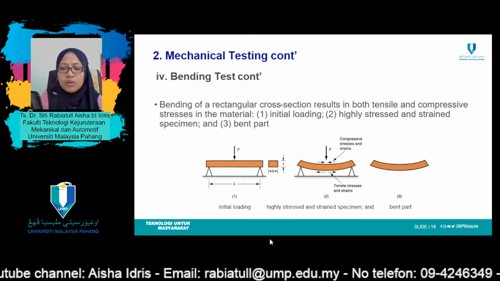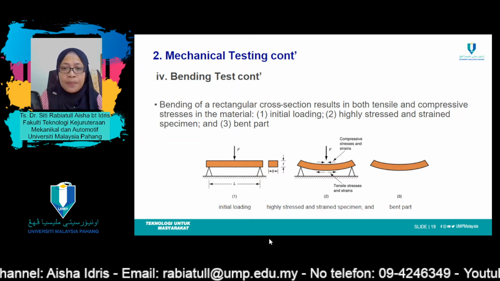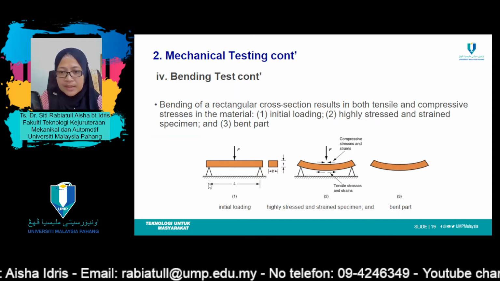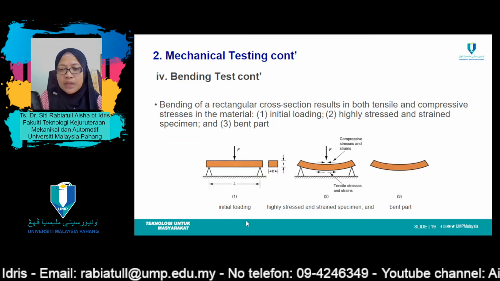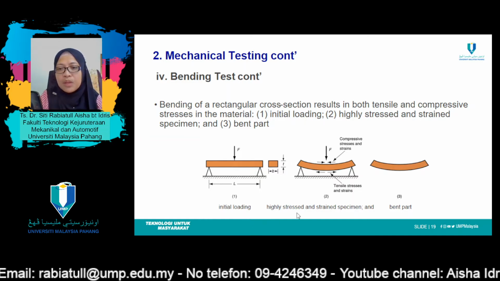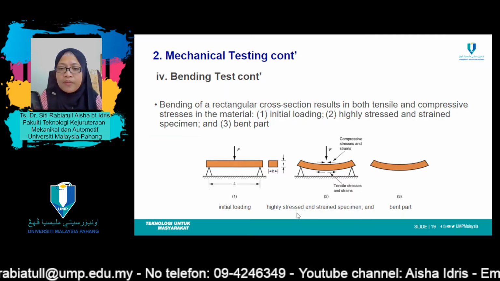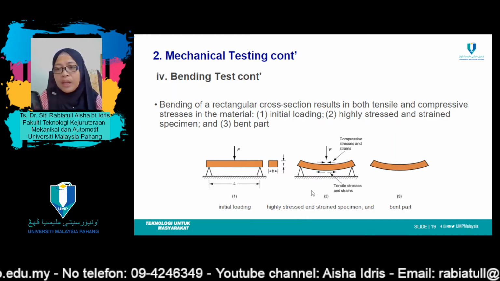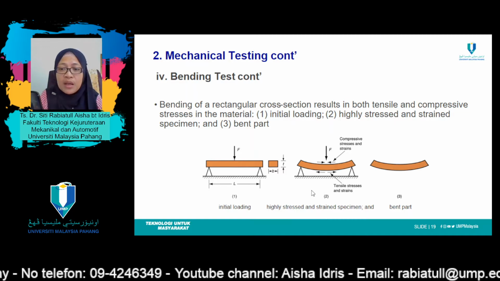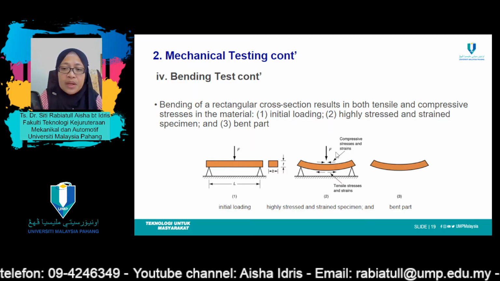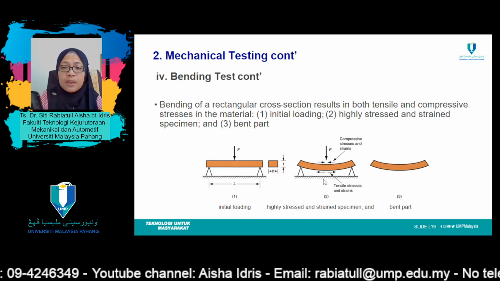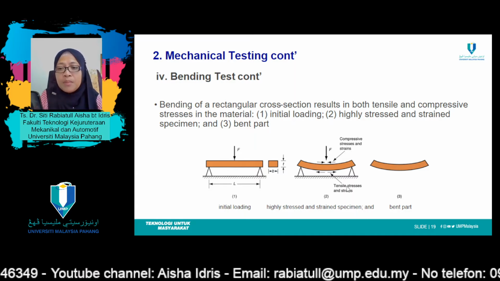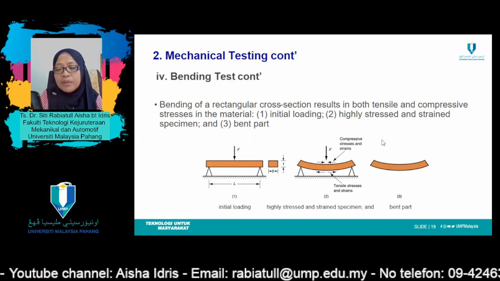This is what will happen to the specimen through bending testing. This is the initial loading. After that, the specimen will suffer high stress and strain, whereby you may find compressive stress and strain as well as tensile stress and strain at the bottom part of the specimen before it becomes bent.